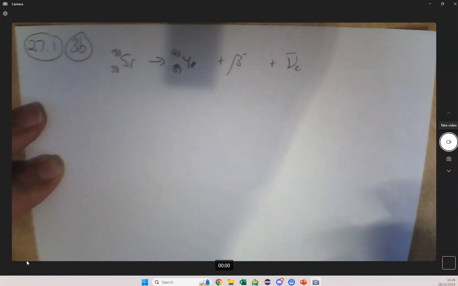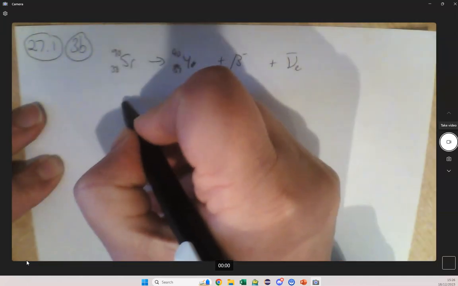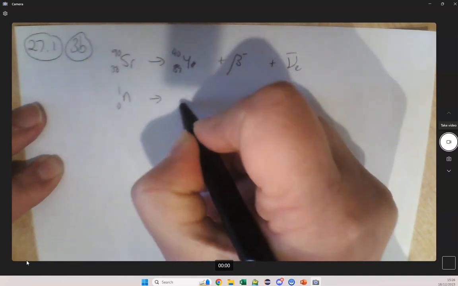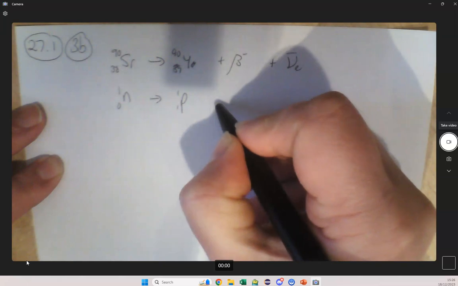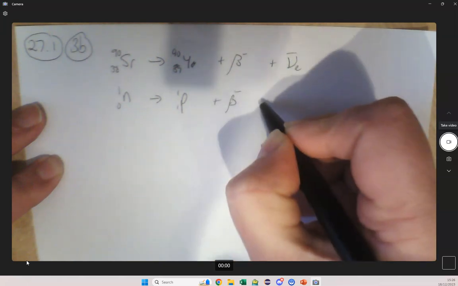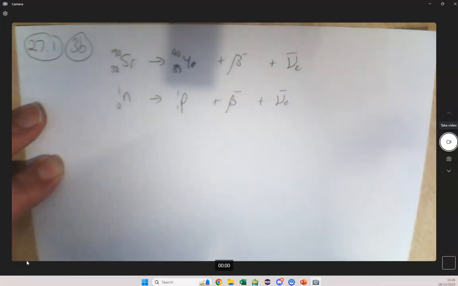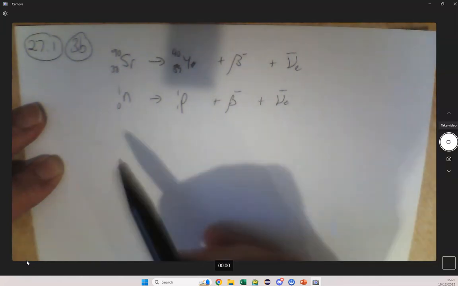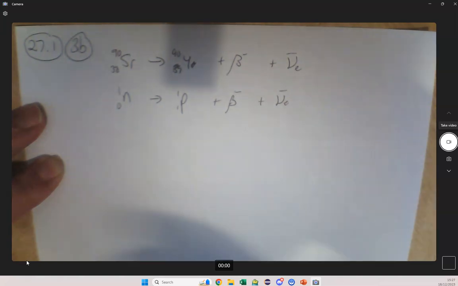Now, what's actually going on in more detail, if we think about it, is it's only really affecting, in terms of change, one neutron. So one neutron is actually converting into a proton because it's emitting a beta minus particle and an anti-electron neutrino. Now, what's actually happening is quite a bit more than this.